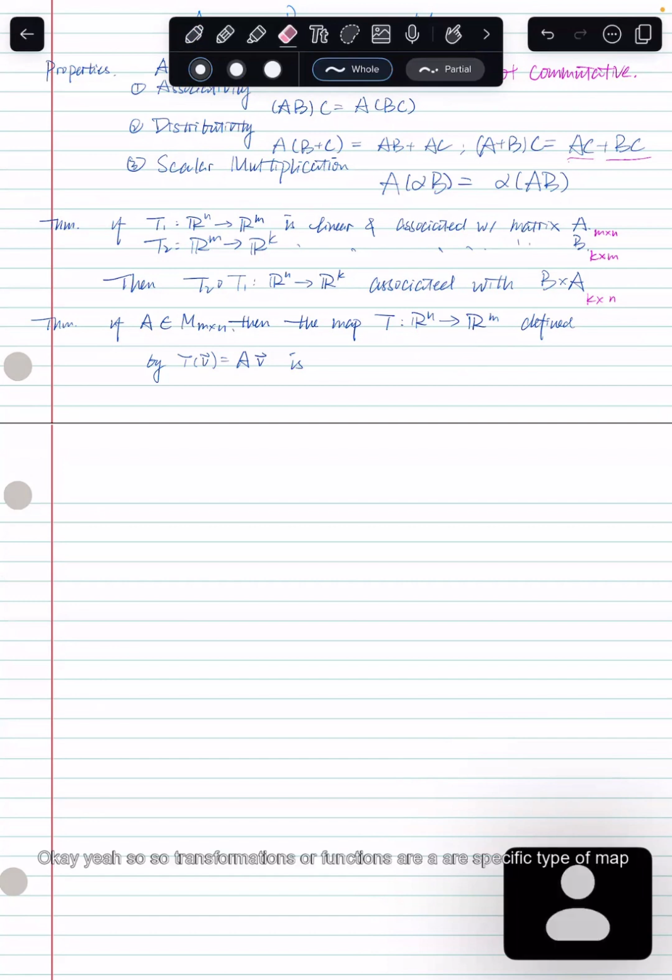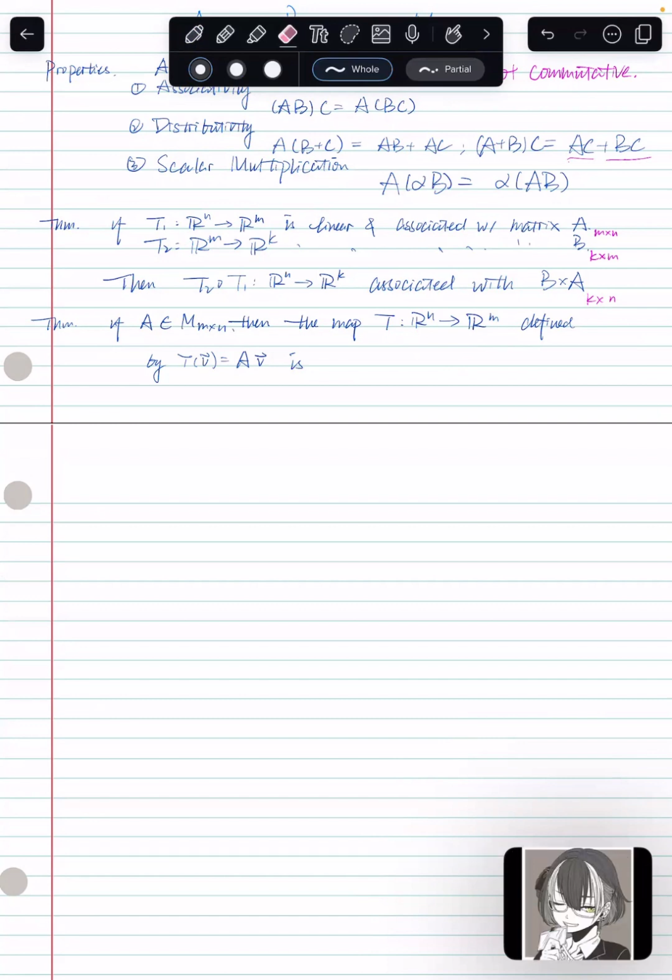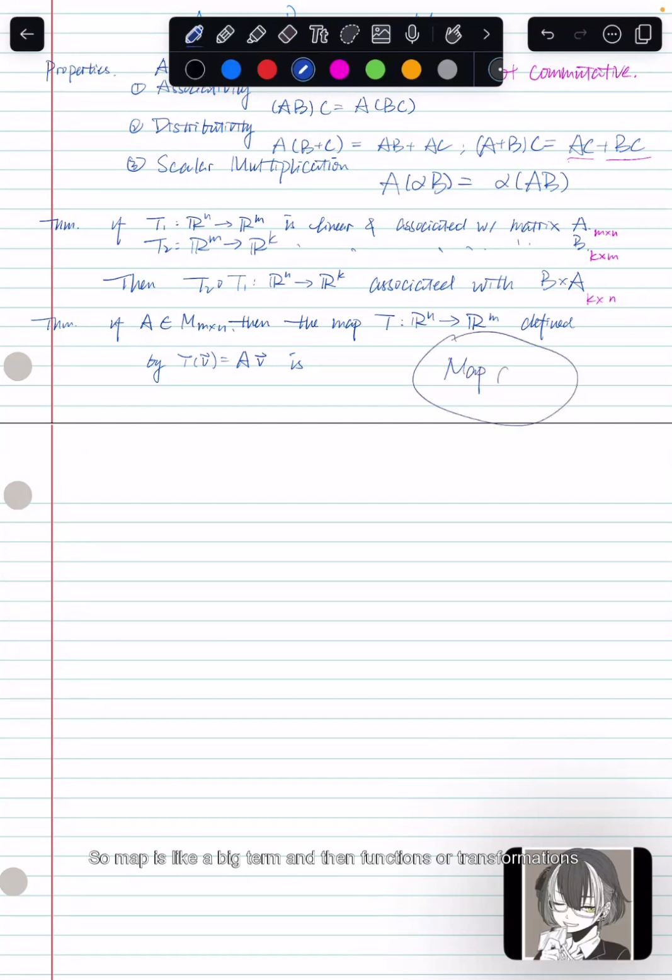So transformations or functions are a specific type of map. Map is like a big term, and functions or transformations are inside of it.